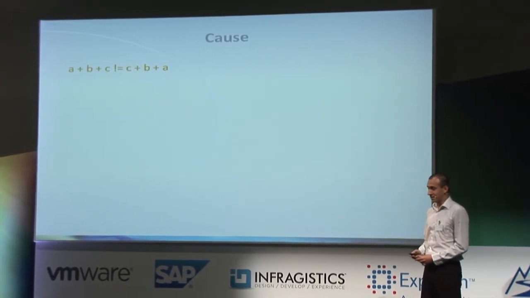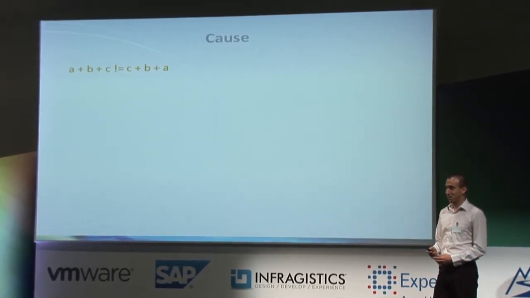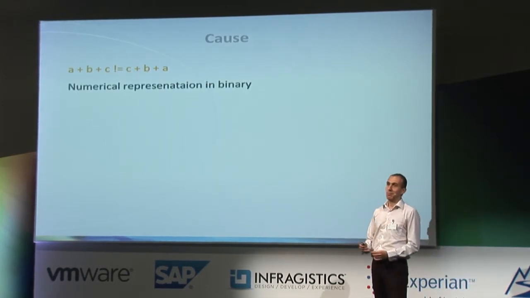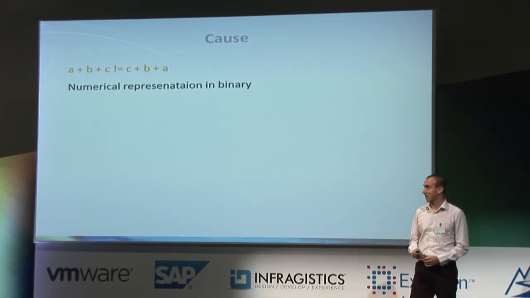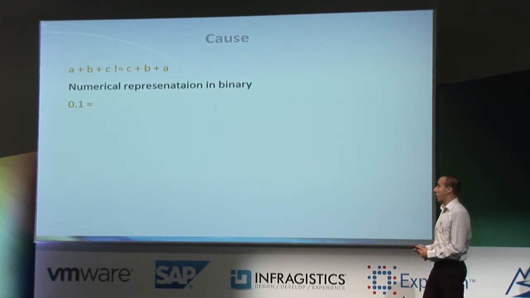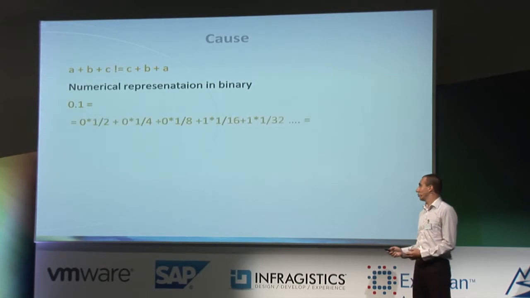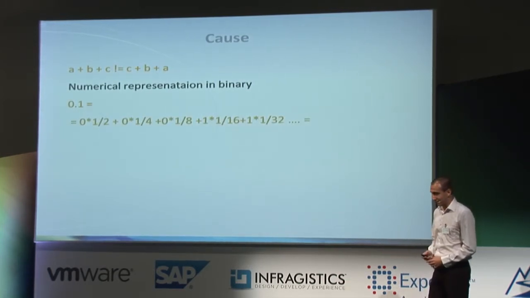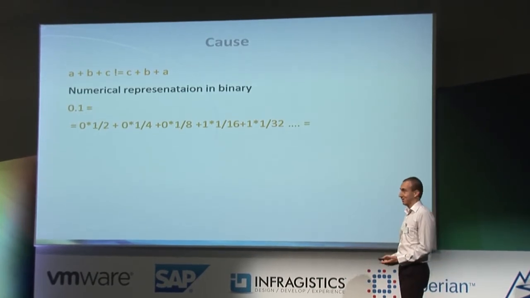But what is the problem? The problem is that in computer systems, we must represent all decimal numbers in a binary format. That means that even a simple number like 0.1 should be represented in powers of 2. But unfortunately, it cannot be represented exactly.